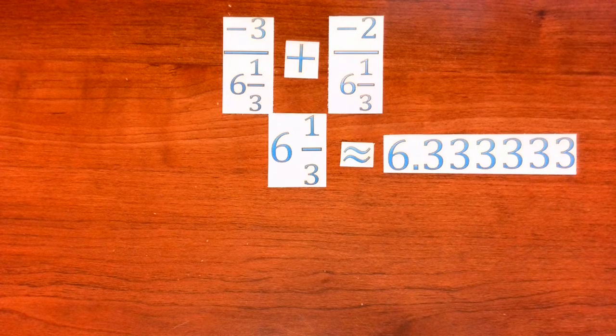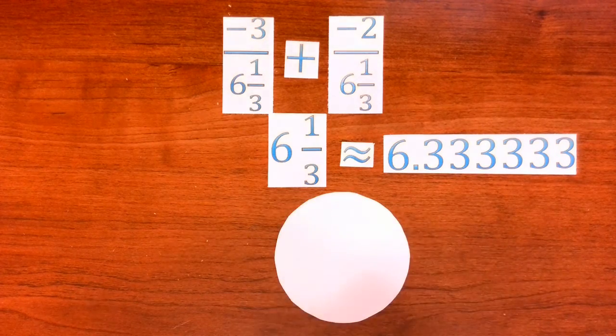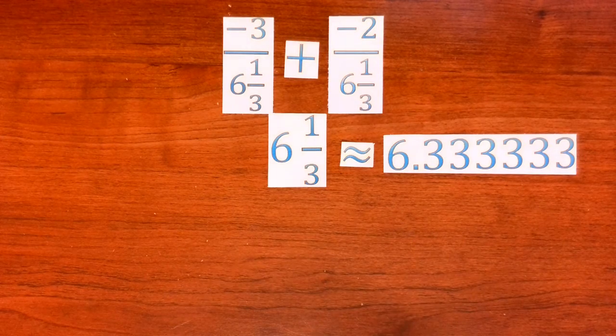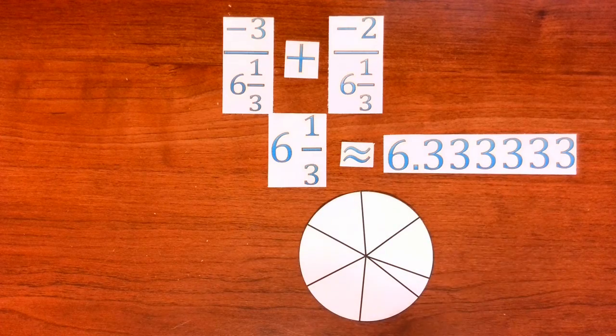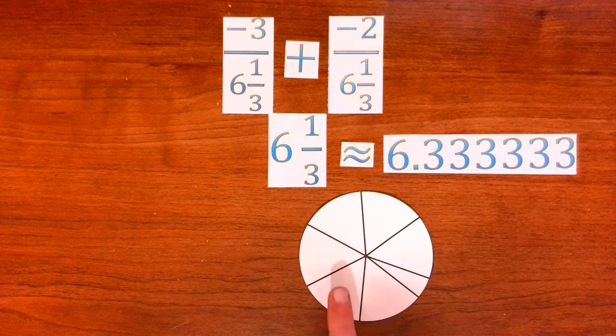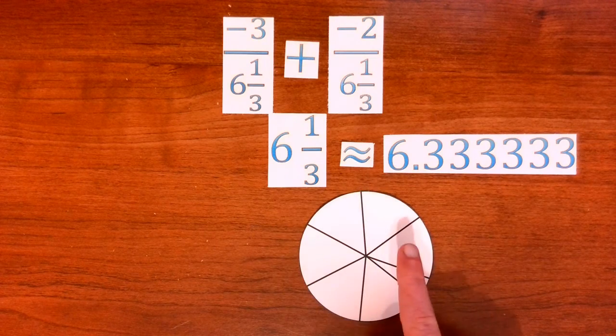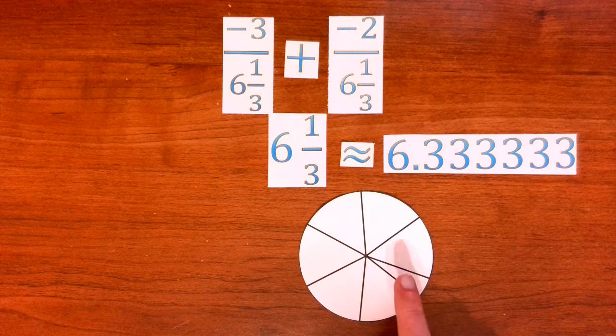Also, you may wonder, how can I visualize 6 1/3 being the denominator? Well, in this case, I'm going to use a circle to represent 1. Therefore, I'm going to need 6 1/3 pieces to make up the circle. I have 1 piece, 2 pieces, 3 pieces, 4 pieces, 5 pieces, 6 pieces, 6 1/3 pieces.